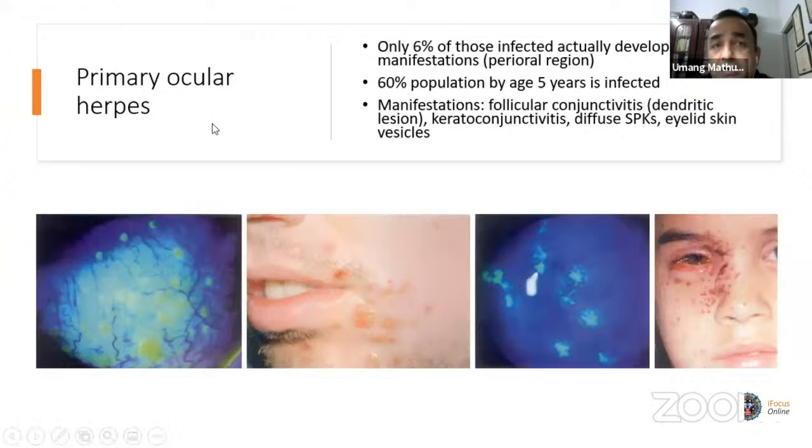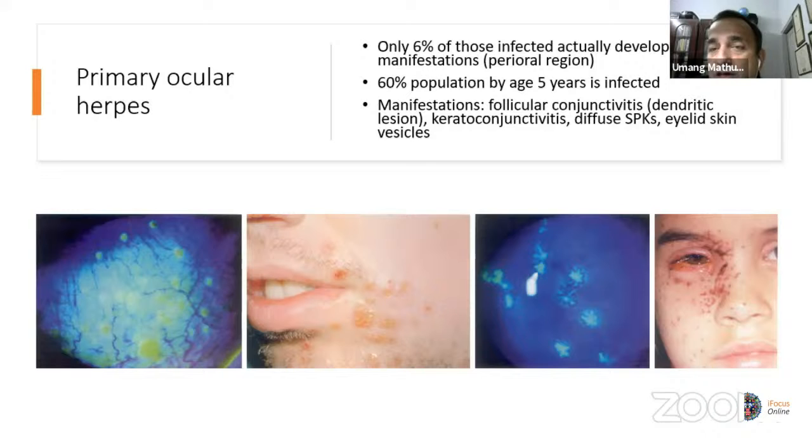Then primary ocular herpes, a lot of us may have had, but it's innocuous. Very few actually reach up to a doctor. You just see some vesicles here and there. Most of the time the patient is asymptomatic. But 60% of the population by age 5 has been infected already. Most of us have been infected.